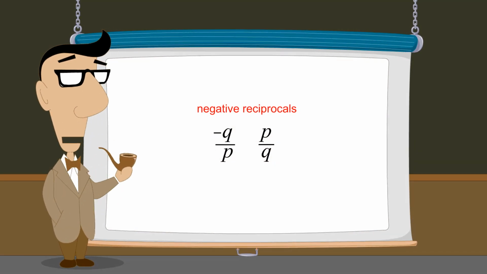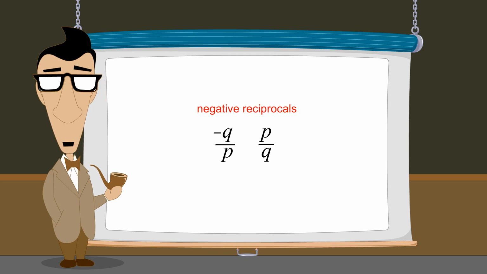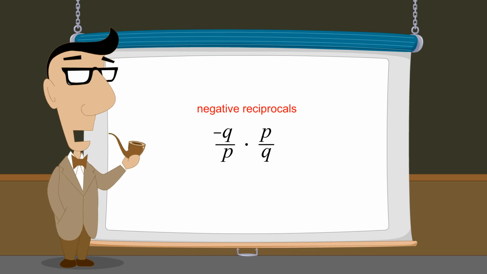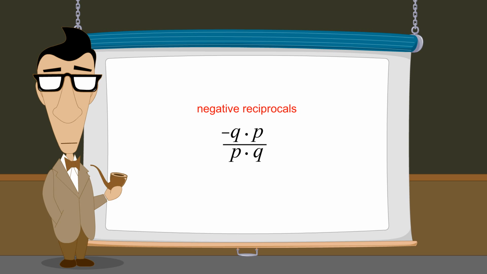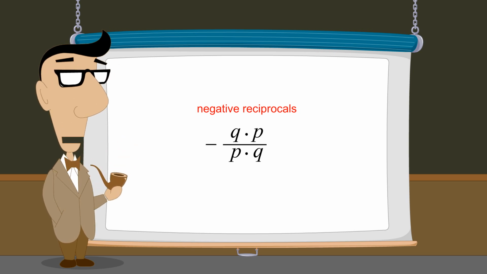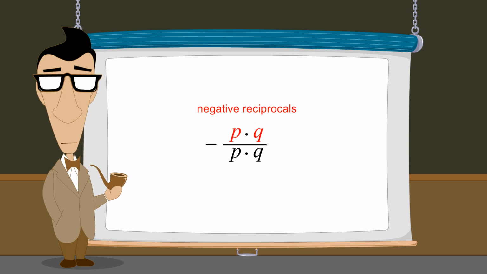We can prove that these slopes are negative reciprocals by multiplying them together. To multiply these two fractions, we multiply their numerators and denominators to create a single fraction. Then, moving the negative sign outside this fraction, and using the commutative law to swap Q and P in the numerator, we see that the numerator and denominator of the fraction are the same.